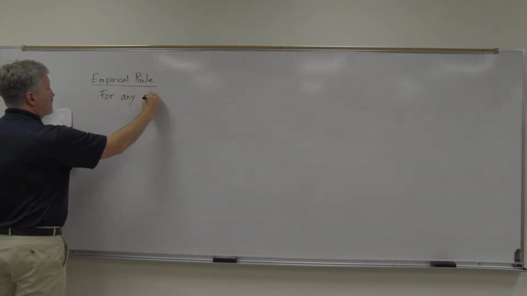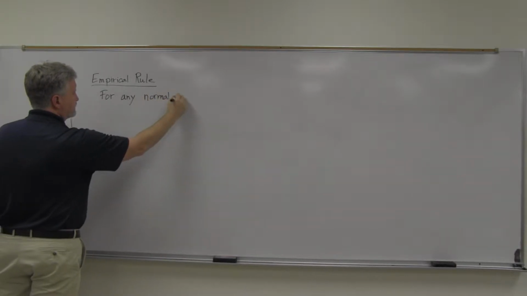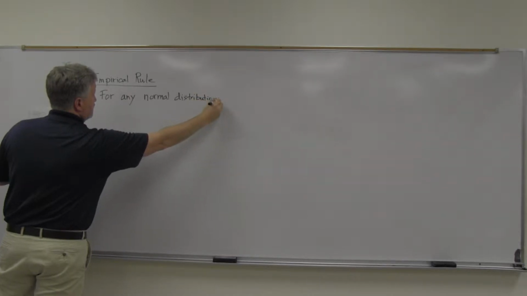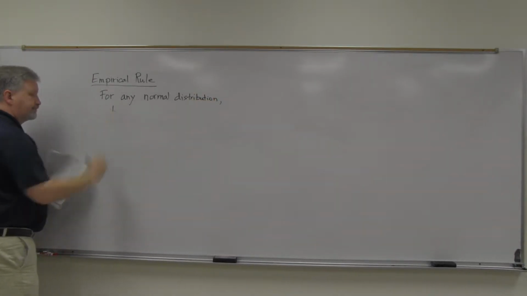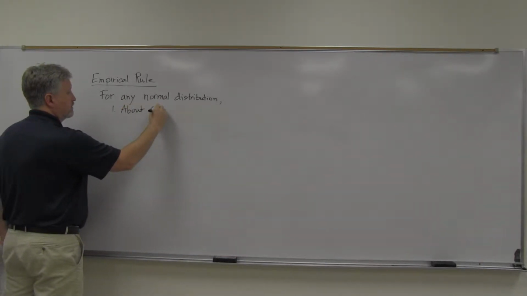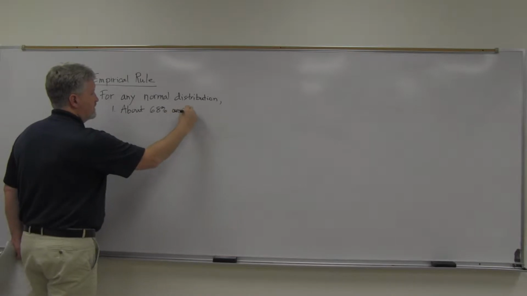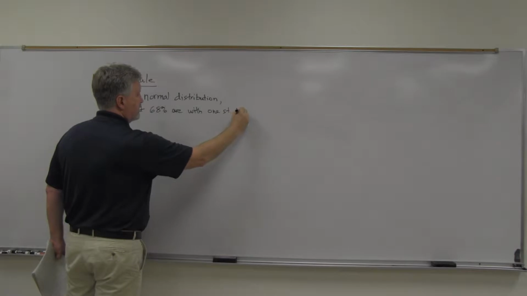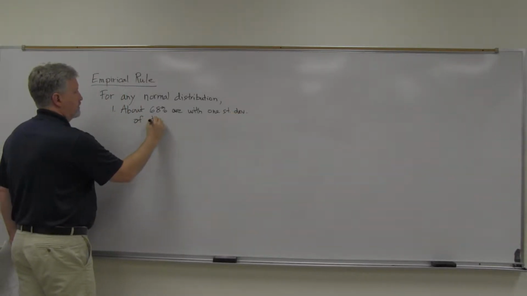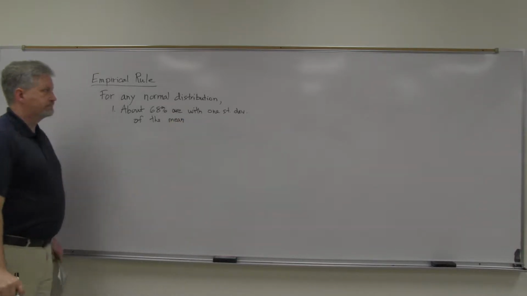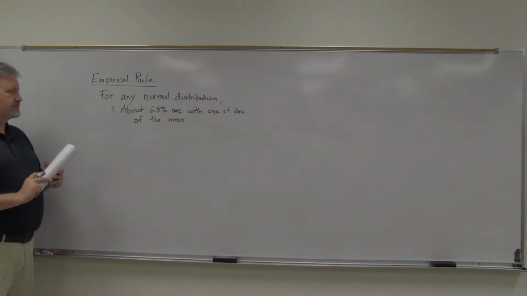For any normal distribution, normal curve, number 1, about 68% of the values are within 1 standard deviation of the mean. About 68% of the values are within 1 standard deviation of the mean.